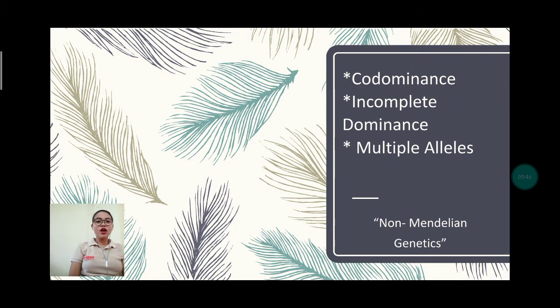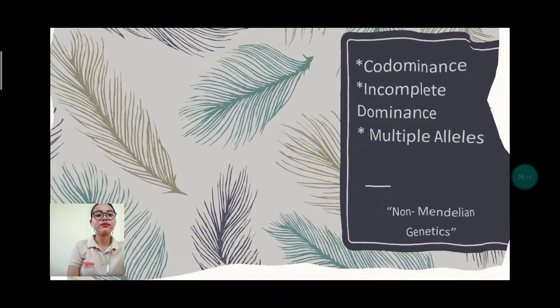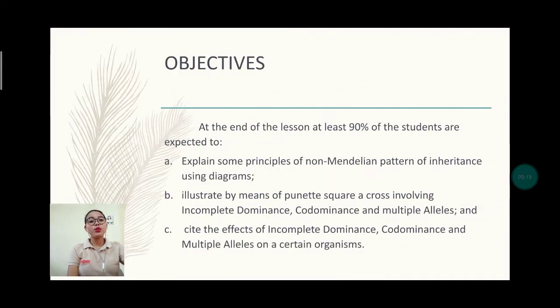Okay, our topic for this afternoon is all about codominance, incomplete dominance, and multiple alleles, or what we called non-Mendelian genetics. In our grade 8, we learn about Mendelian genetics. In our grade 9, we are going to talk about non-Mendelian genetics. We will be guided with the following objectives.